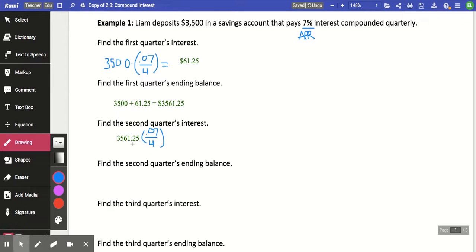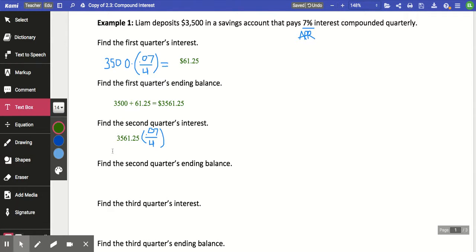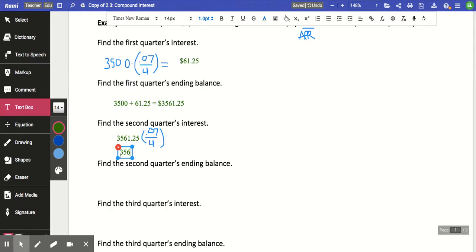By the way, I could recognize this simplified and say I'm actually multiplying by a rate of 1.75%. The 0.07 divided by 4 is equivalent to this number right here. Once those are multiplied, the interest comes out to $62.32. So notice the interest amount went up slightly.